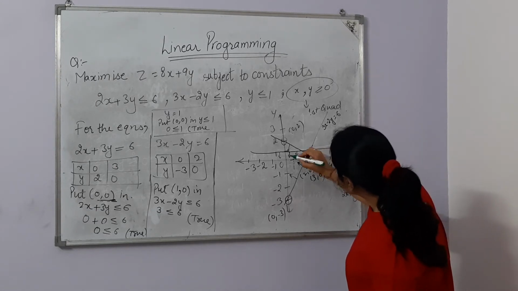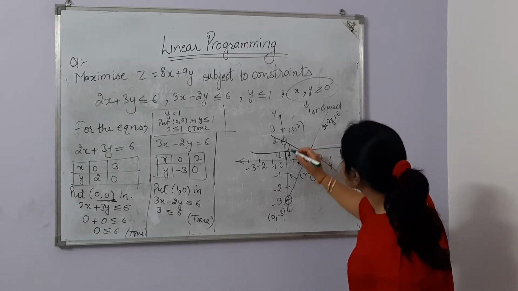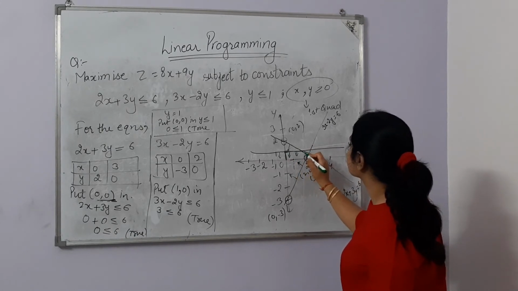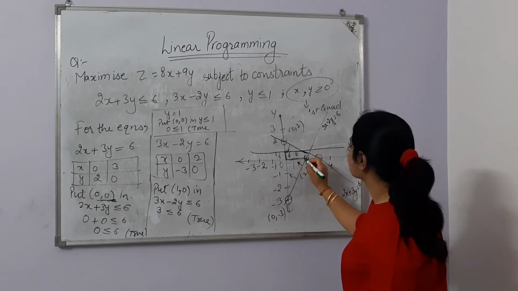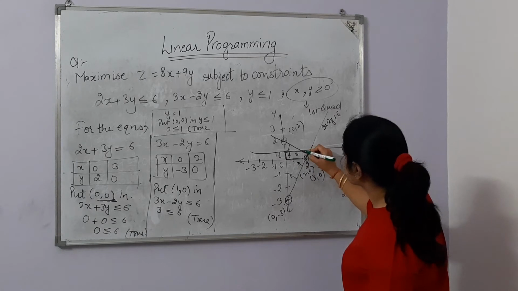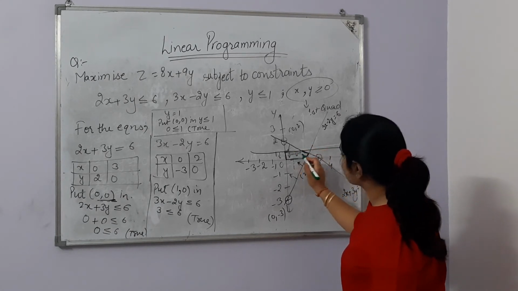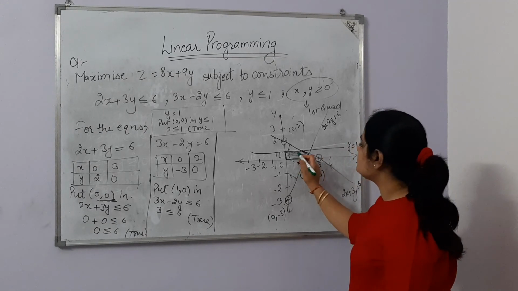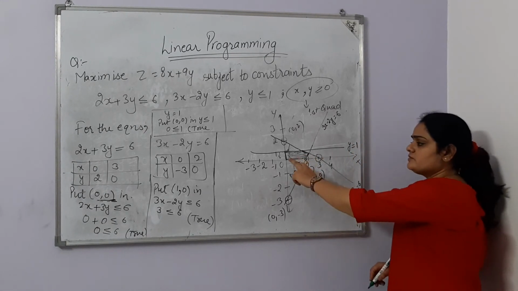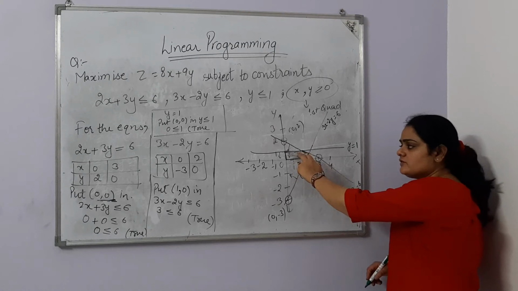This is the common feasible region, because all three shadings will merge here.